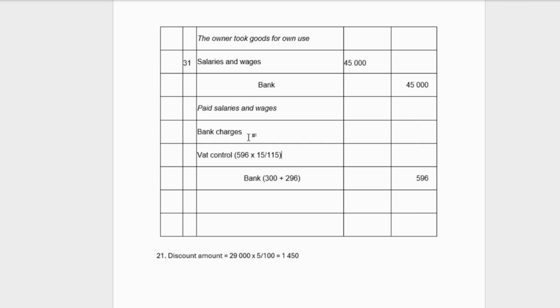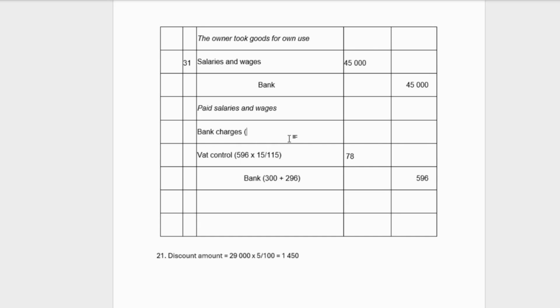And then, how much is your VAT control right there? Let's put that on the calculator quickly. I'm getting 78. And then I go to bank charges. Bank charges must be an amount that excludes VAT.